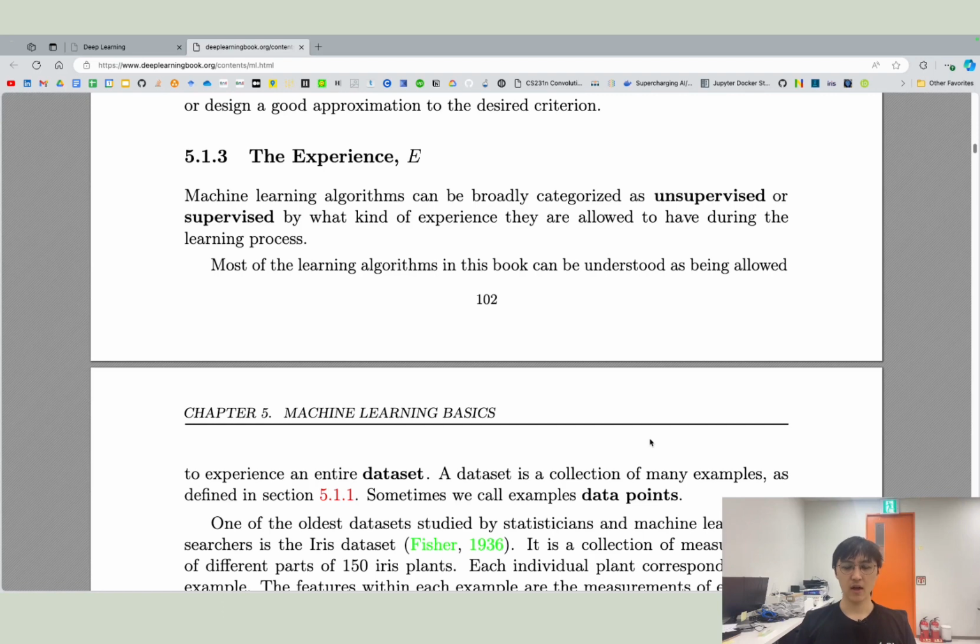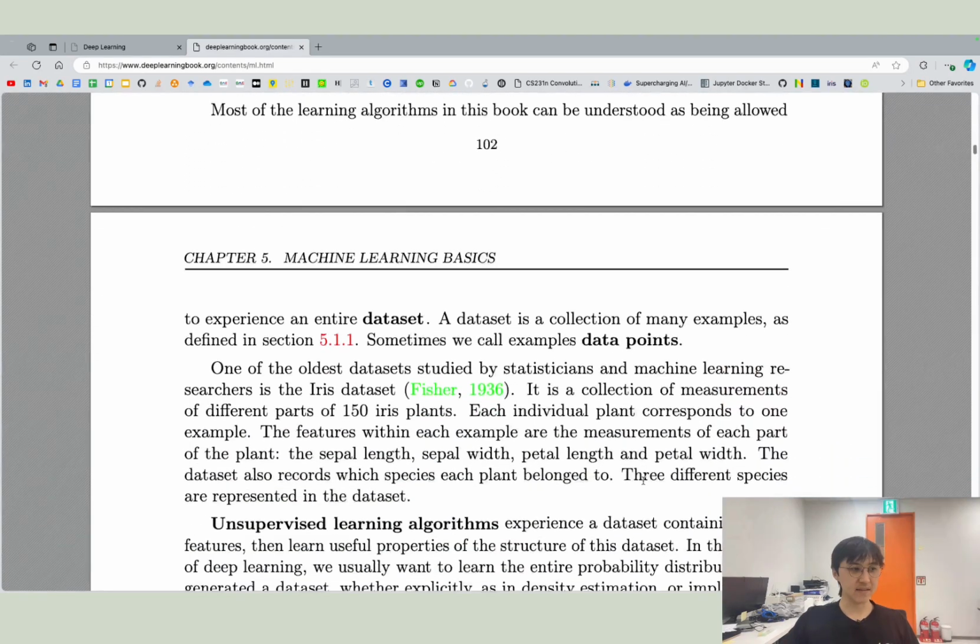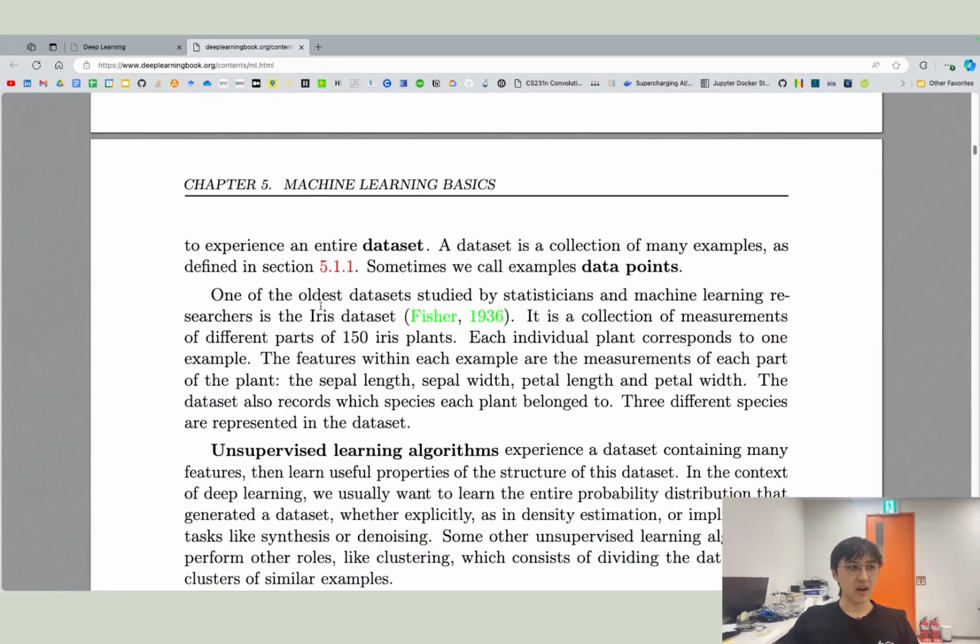In terms of supervised learning, unsupervised learning, if a machine learning model uses a dataset, meaning data examples which are real or not real, they are experience. You have a dataset. And one very good dataset is the Iris dataset.